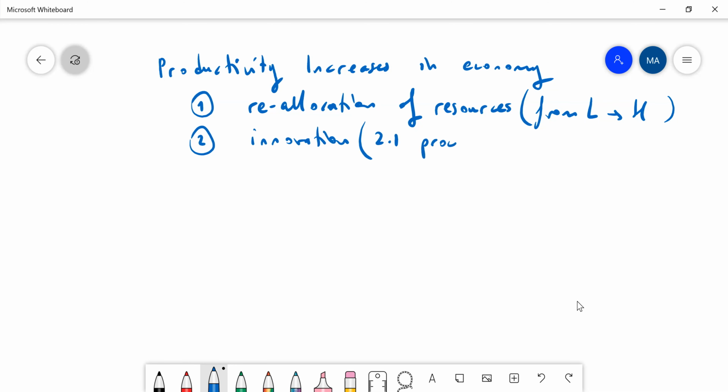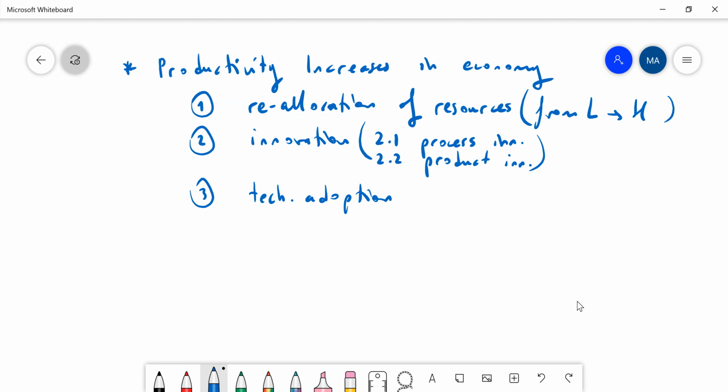There's process innovation, and there is product innovation. And 3, we have technology adoption. Okay. Now, what I will show you this week and in the next 2 lectures is to understand these mechanisms. Okay. We want to understand these mechanisms.